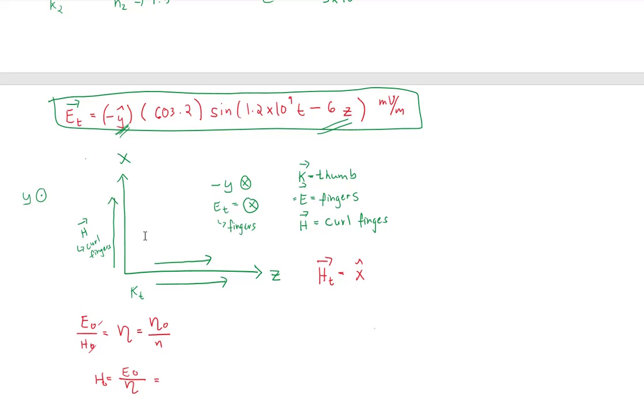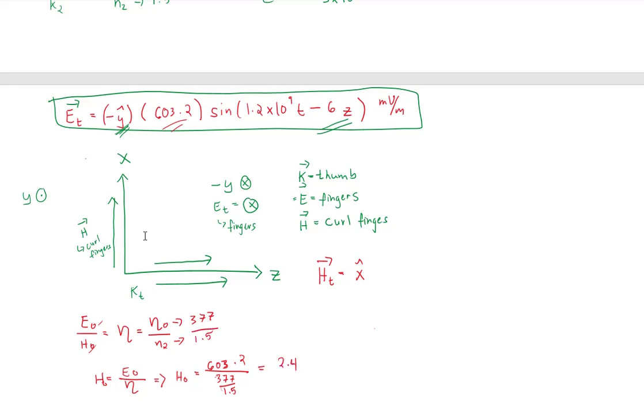H naught equals 603, remember, from here, 377 divided by 1.5, because eta naught is 377 divided by n, which on this side is going to be n2, which is 1.5.